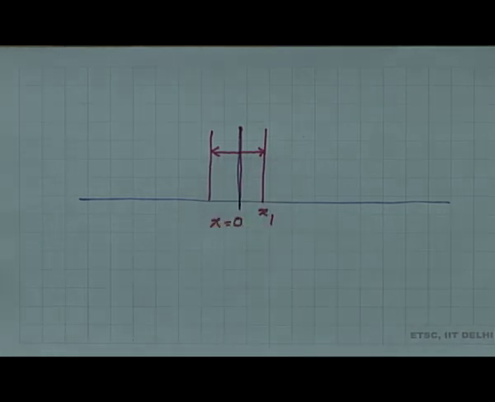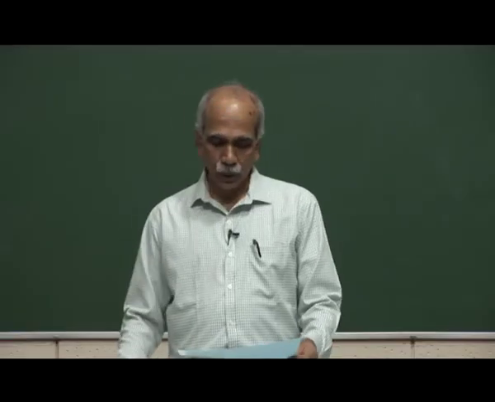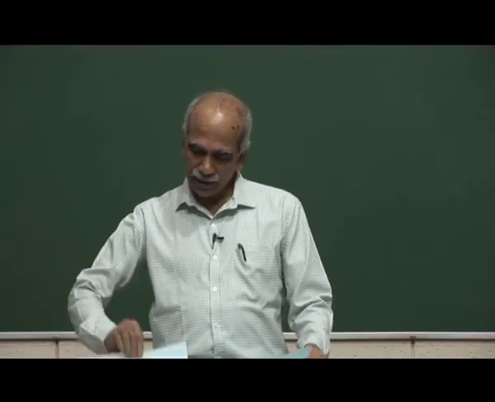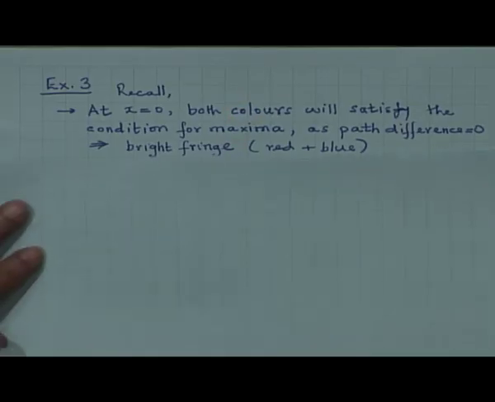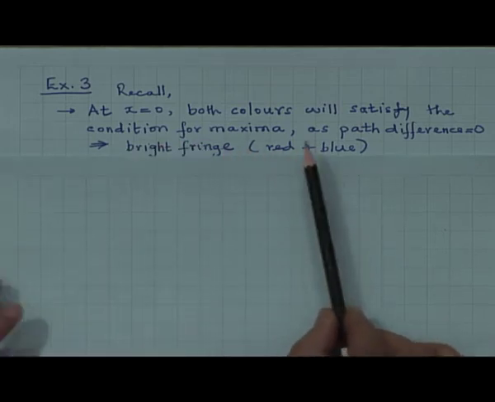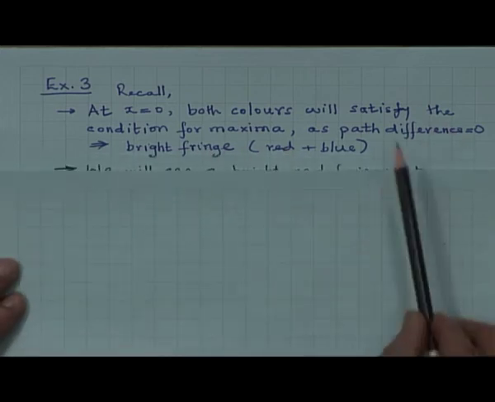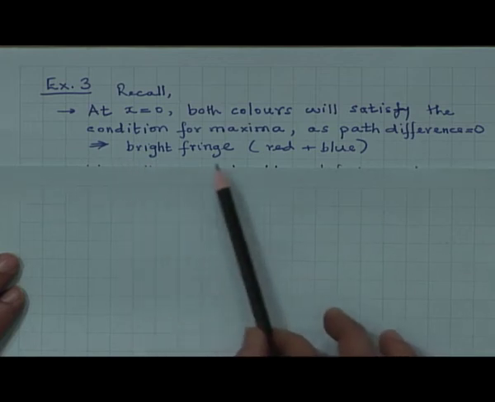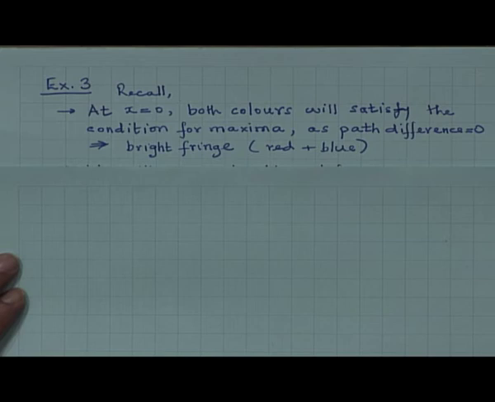Now, let us keep a couple of points in mind here and try to understand what is being discussed. Recall that at x equal to 0, I am now discussing the solution, both colors will satisfy the condition for maxima, as path difference is 0. This implies there is a bright fringe due to red color as well as due to blue color.